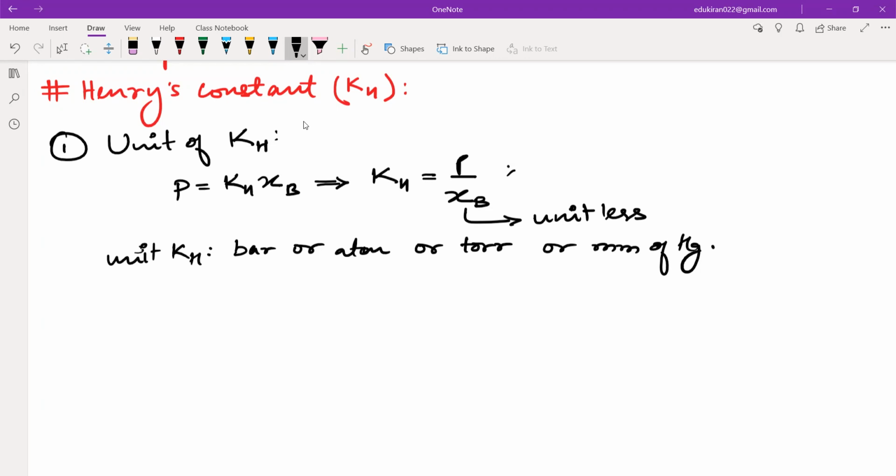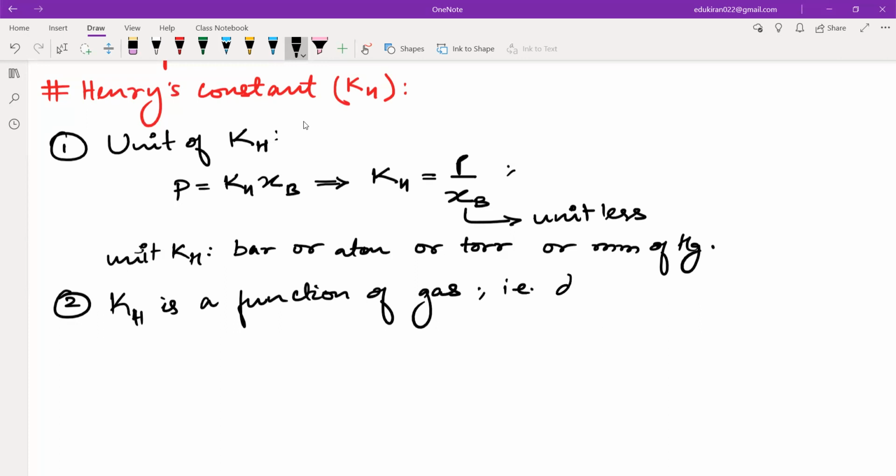Now the next thing is, will the KH of all the gases be the same or will they be different? KH will be different for each and every gas. That means KH is a function of gas. It means that if I change the gas, the KH will be changed.